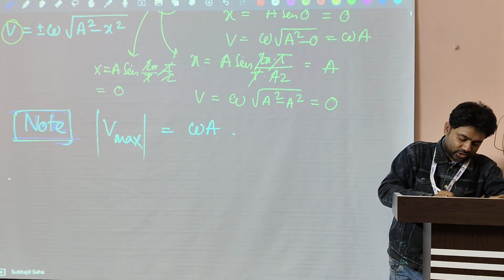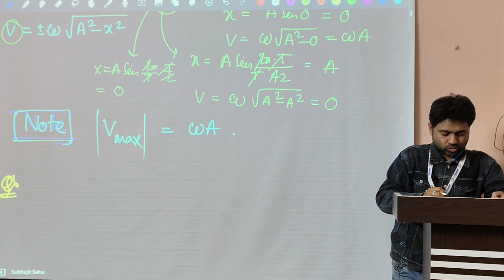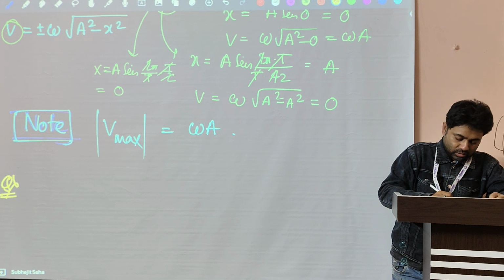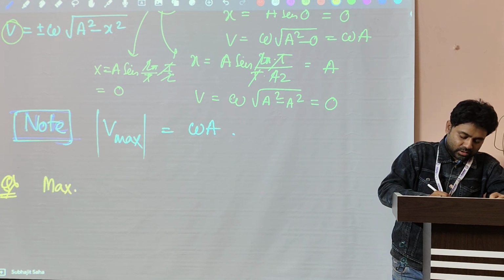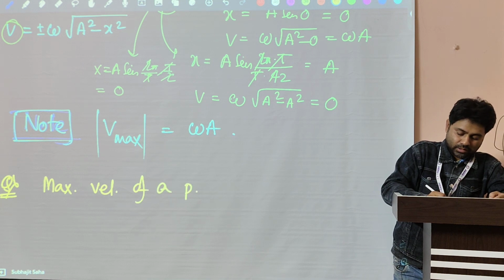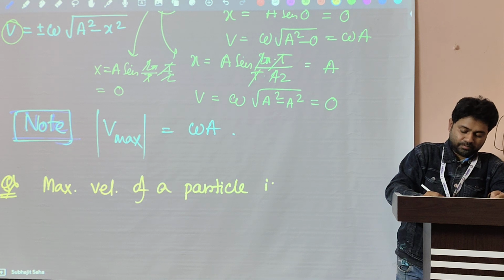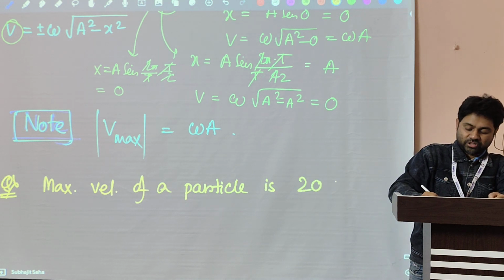Now let's check this question. It's given that the maximum velocity of a particle in SHM is 20 meter per second.